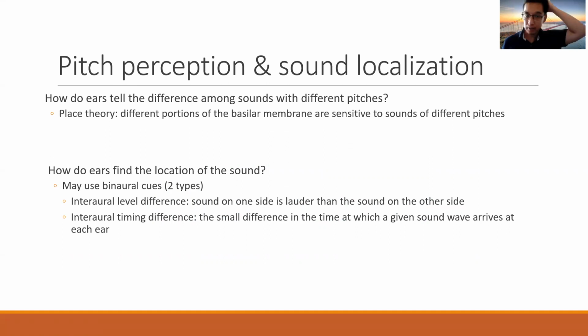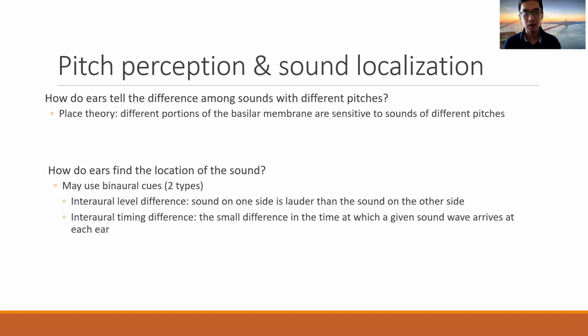We use evidence from the two ears, because our two ears are located in different places, so that at the same time, the sounds that we hear from the two ears are slightly different. We use those differences from the two ears.